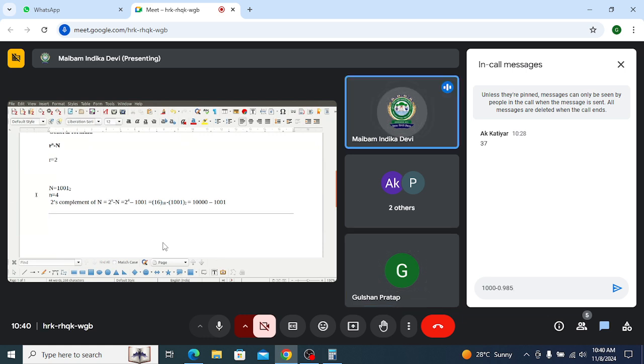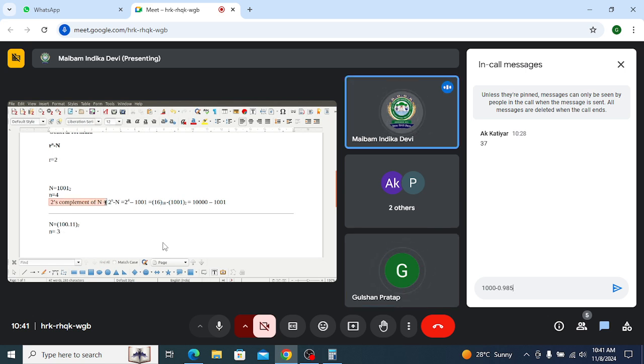Now again, if the question is n equals 100.11, what will be the small n value out here? What will be the number of digits? 3. Yes, we will be counting only the non-fractional part.